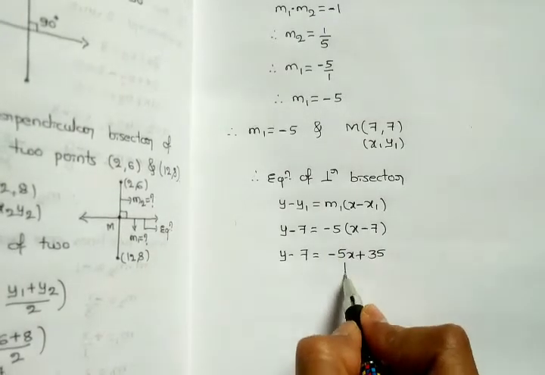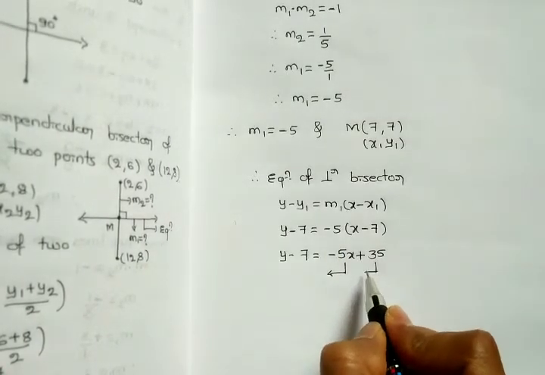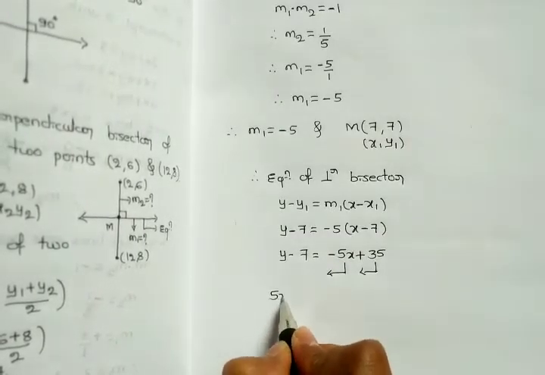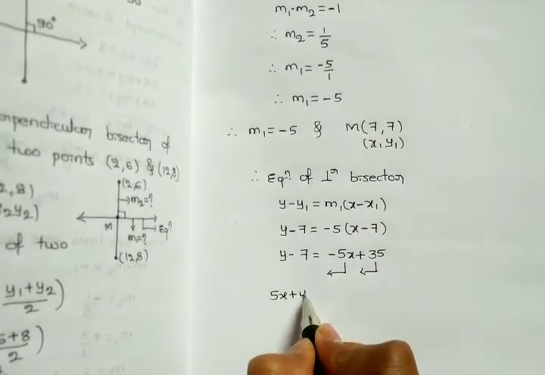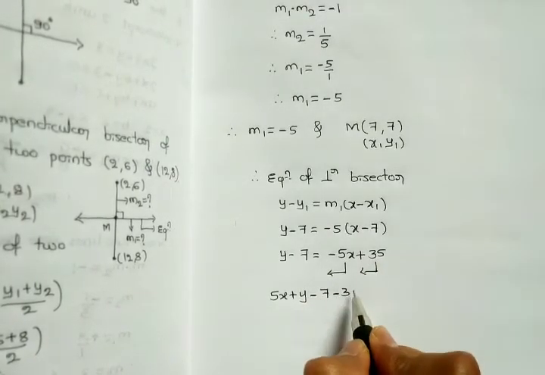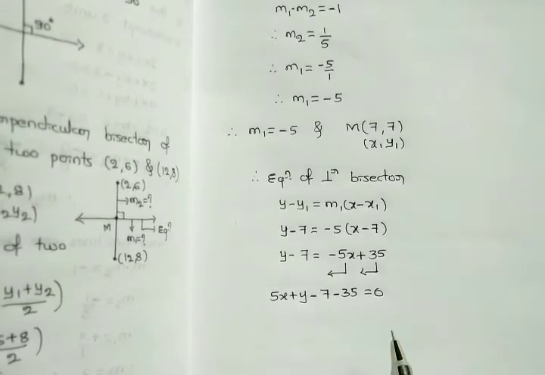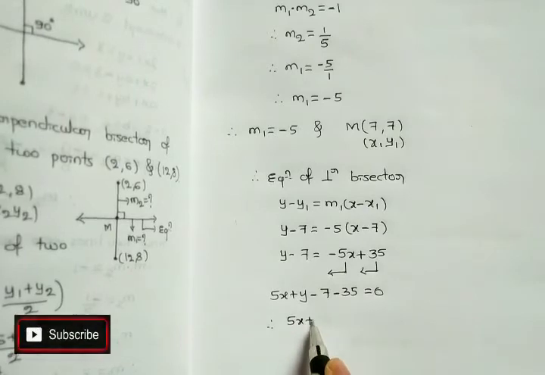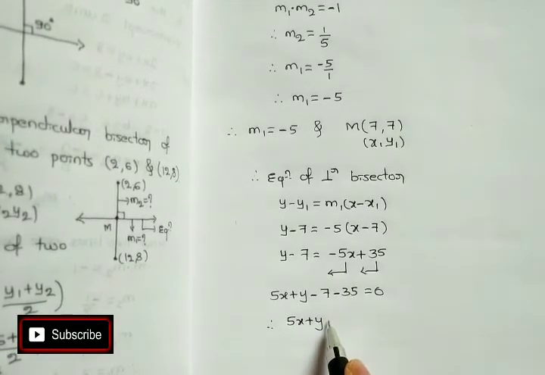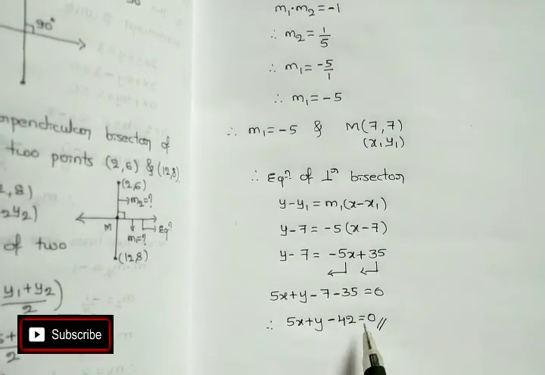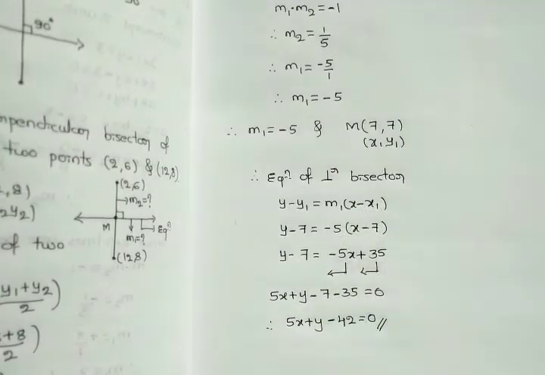X contains a negative sign, so I shift these two values to the left-hand side. Minus 5x becomes plus 5x; y minus 7 is already present, and plus 35 becomes minus 35, equals 0. Therefore 5x plus y minus 7 minus 35, which is minus 42, equals 0. So this is the required equation of the perpendicular bisector.